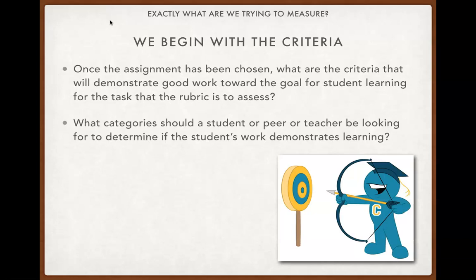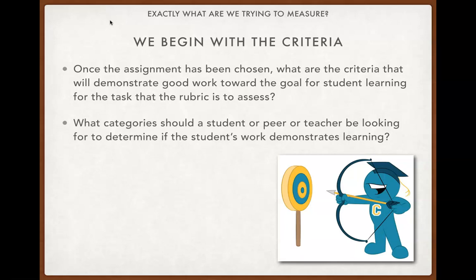What categories should a student or peer or teacher be looking for to determine if the student's work demonstrates that learning? So the criteria essentially is the first column of the rubric. It represents the specific criterion that we are using to determine whether students have learned what they were supposed to learn, again, in whatever topic we have just covered.